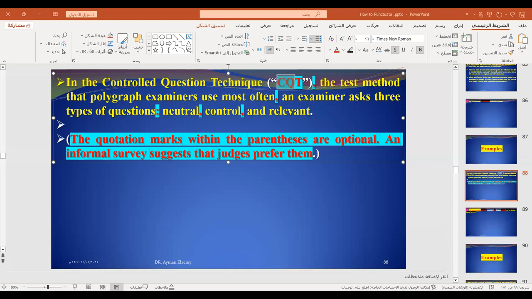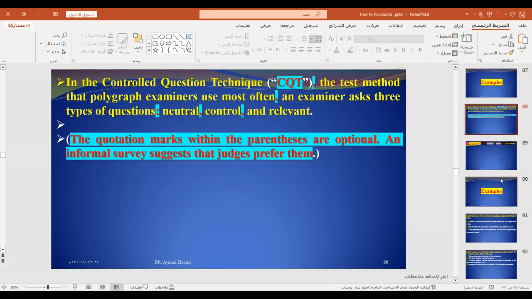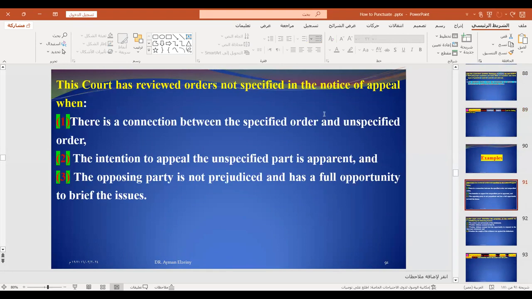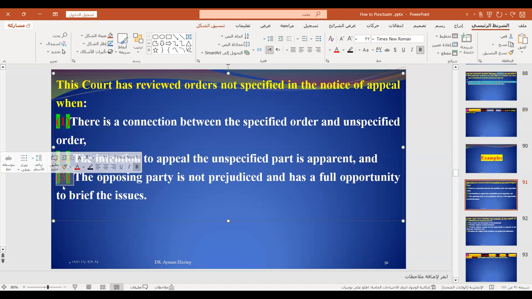Next, the use of parentheses around the numbers or letters when you are listing items in text. For example, do you see number 1, number 2, number 3? I put both of them between parentheses.